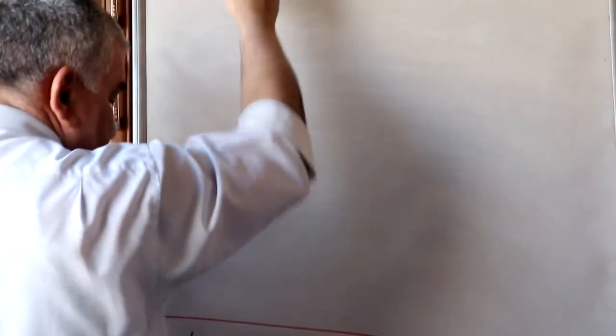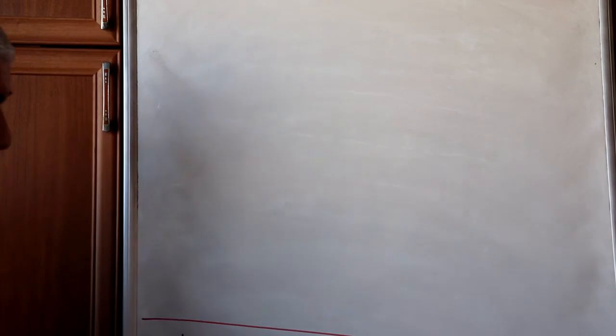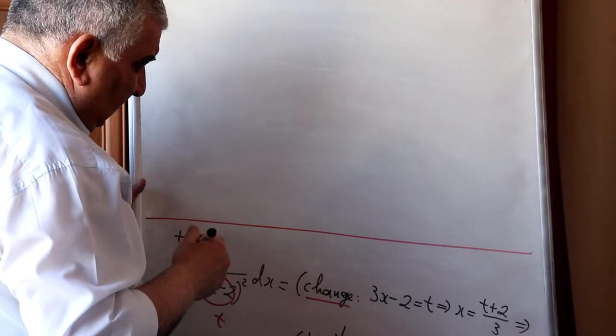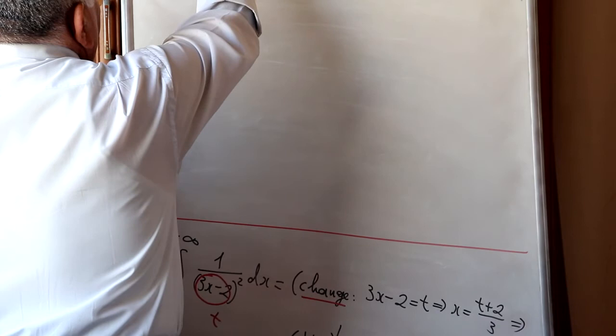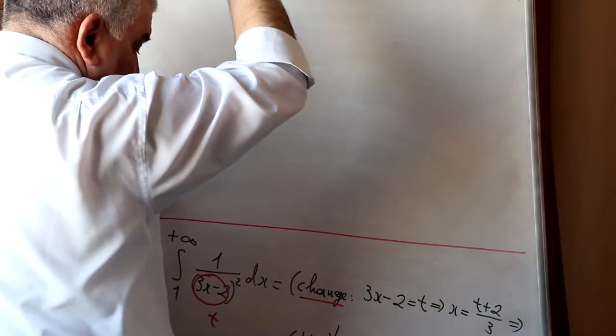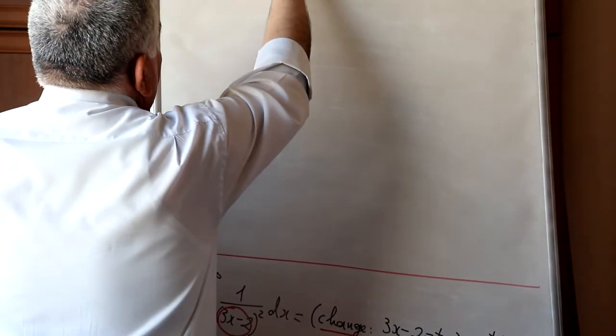Then apply this change to this integral. The integral limits didn't change. The integral from 1 to plus infinity of 1 over t squared times 1/3 dt.